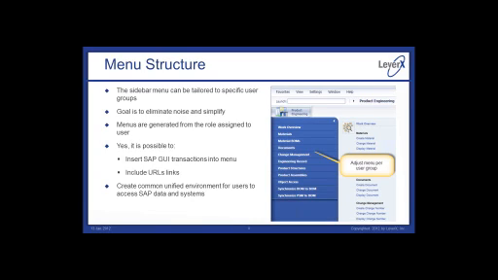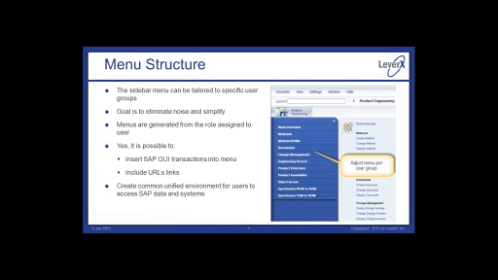The other idea here is that not only can we tailor the menu structure to specific user groups, we can also insert things like GUI transactions or URL links. The goal is to create a common unified environment for users to access SAP data and systems.